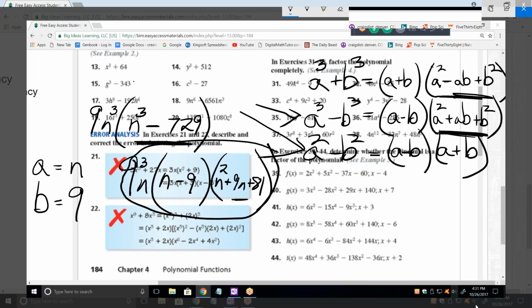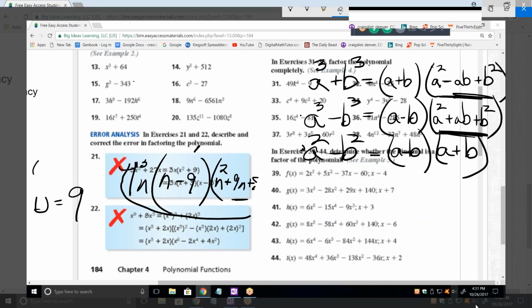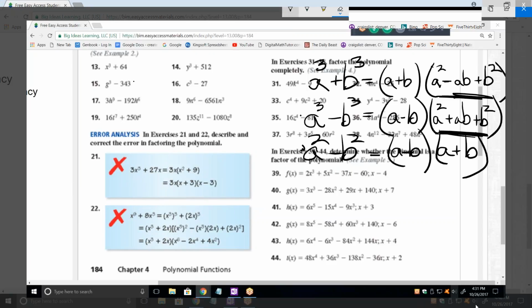Okay. All right. What's the next problem? 19. Okay. Again, what's the first step? Common factor. Okay.